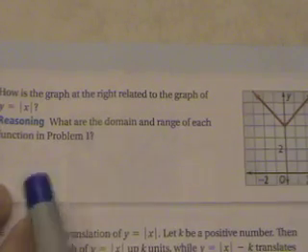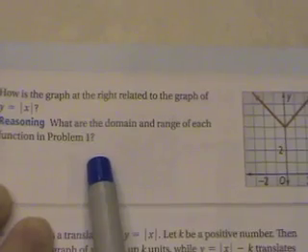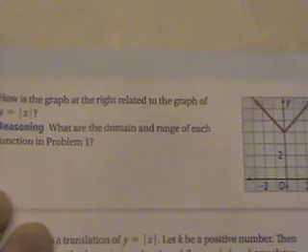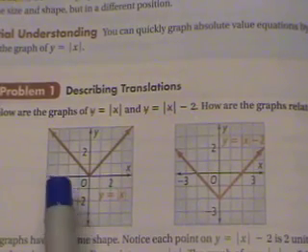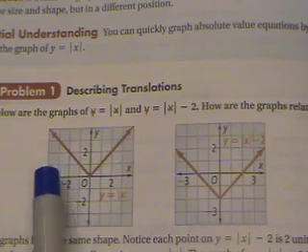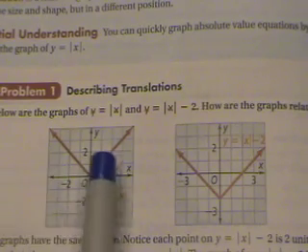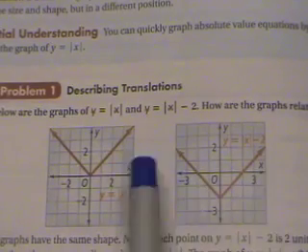Then, second question, what are the domain and range of each function in problem 1? Well, I better go back a page and look at problem 1. So, domain is x values, range is y values. The domain is all real numbers.